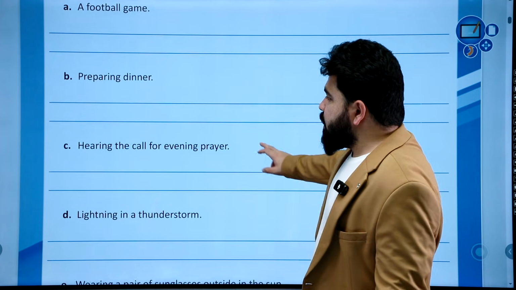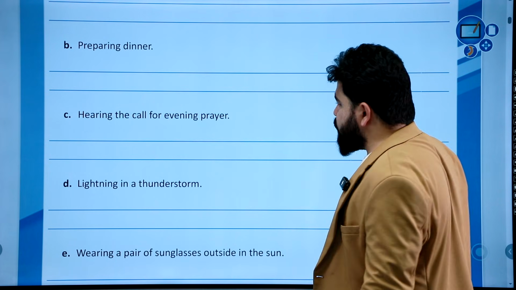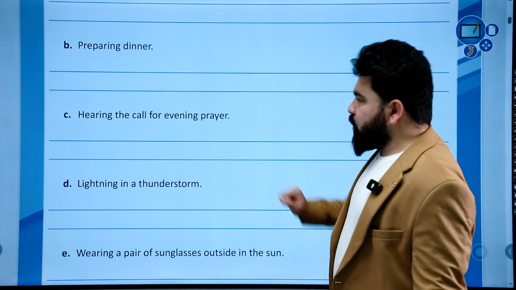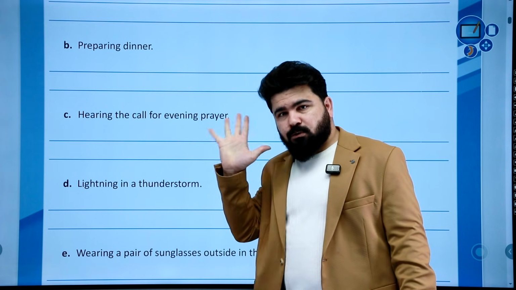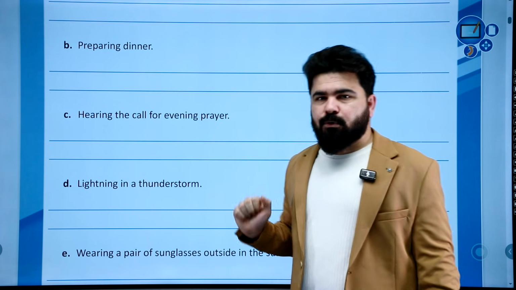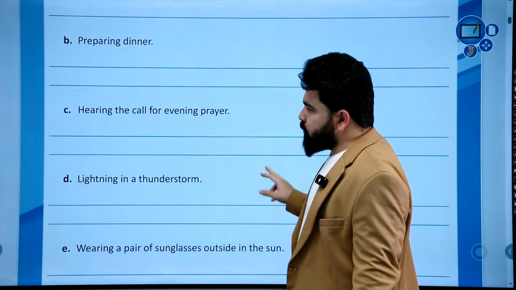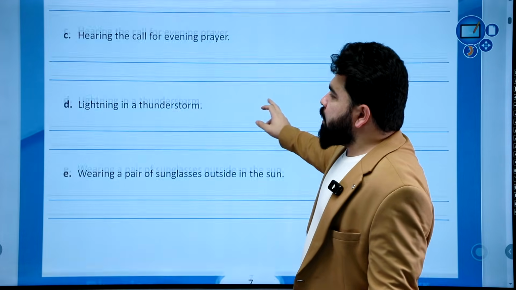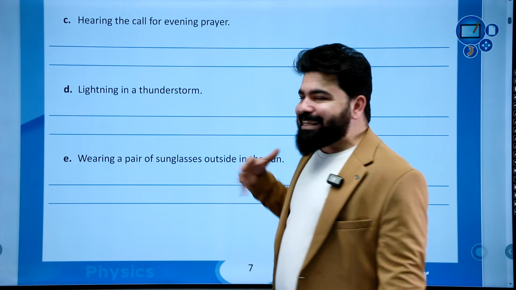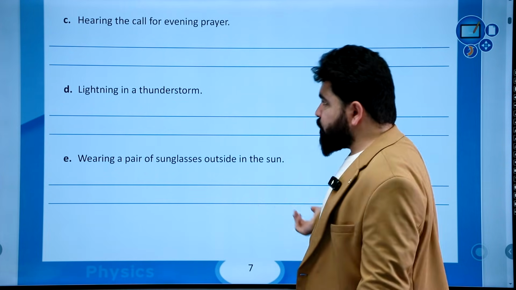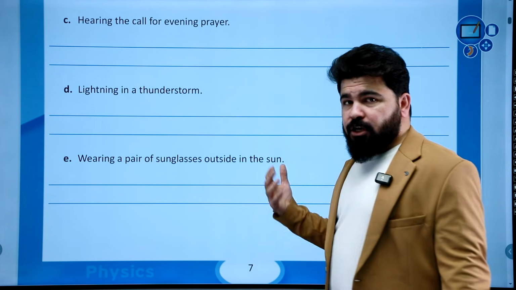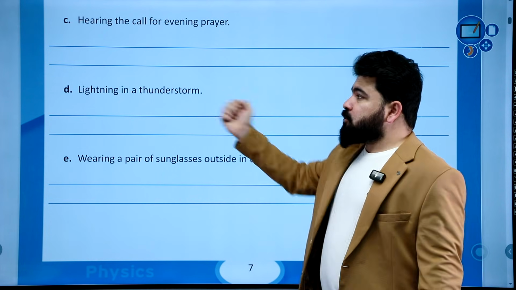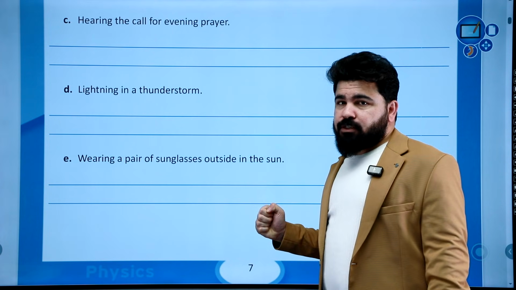Be careful. Hearing the call for evening prayer. The call for the evening prayer is sound. Sound is a repetitive motion, so it's related to vibrations and wave phenomena. Lightning in a thunderstorm. Lightning is the discharge of negative and positive charges, so it's related to electricity.